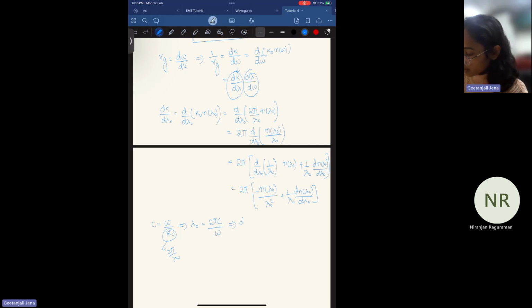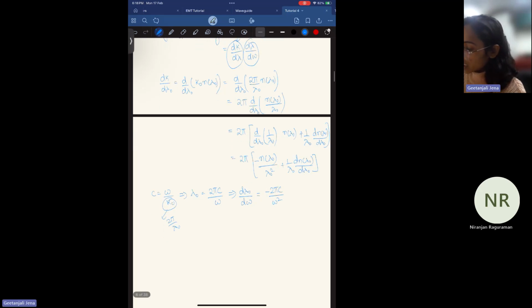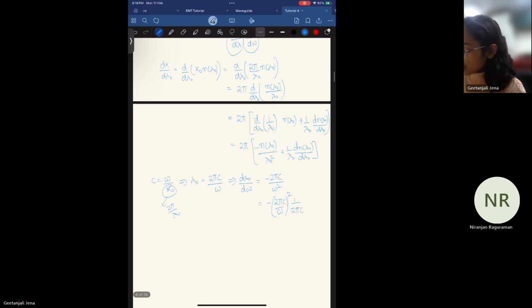That means d lambda 0 by d omega will come around minus 2 pi c over omega square. So we need to express this in terms of lambda 0. If you multiply by 2 pi c, this will be the whole square over 2 pi c. And 2 pi c over omega is lambda 0, so this is lambda 0 square over 2 pi c.